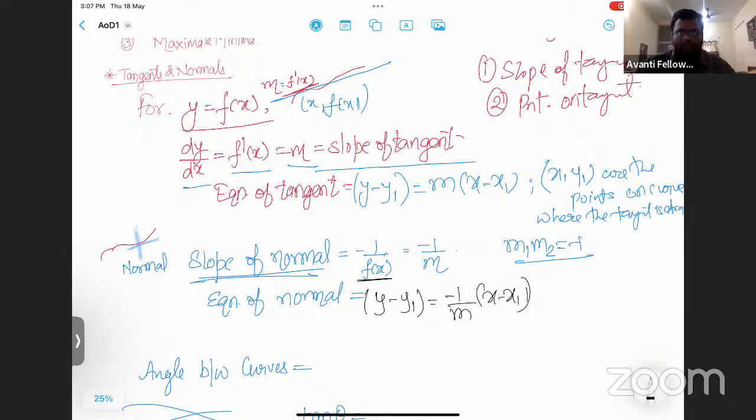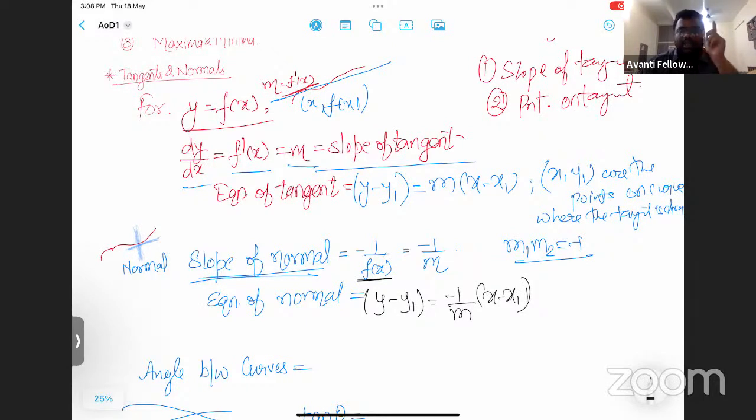All right. So these are the two basic things which we need to know in tangents and normals. The next part is the angle between curves. They'll give you two different curves, f and g, and ask for the angle between the curves. The only thing we need to understand here is that the angle between curves requires two things.